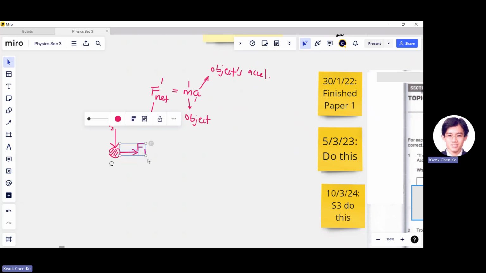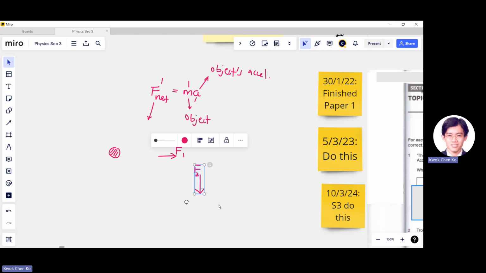Take your F1. Make sure the length and the direction remain consistent. Then take your F2. Again, a reminder: your F2 should follow from the end of F1.